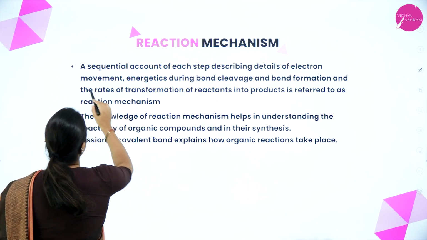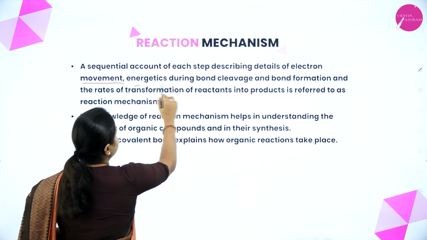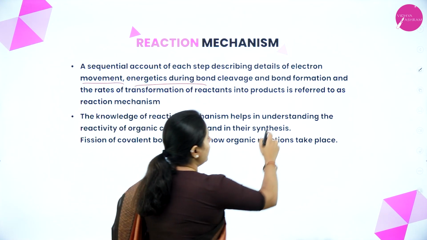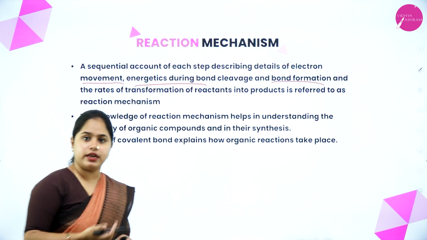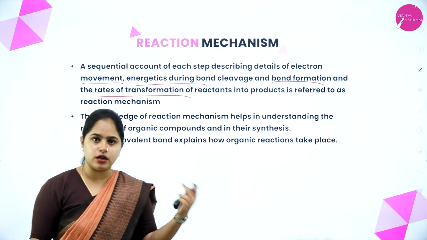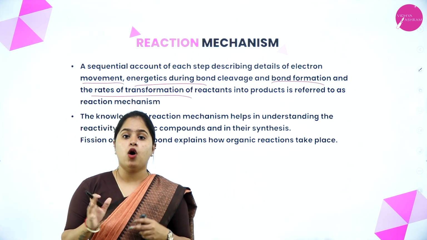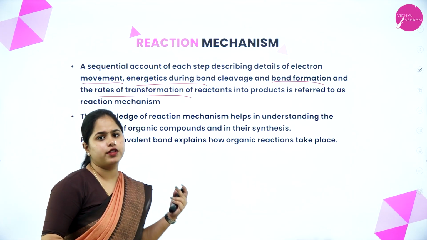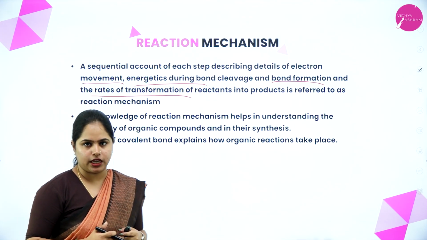Bond cleavage means bond breaking. It tells how much energy is released or gained, and how fast or how slow the reaction is taking place. Based on all of that, we get the details in reaction mechanism, right?